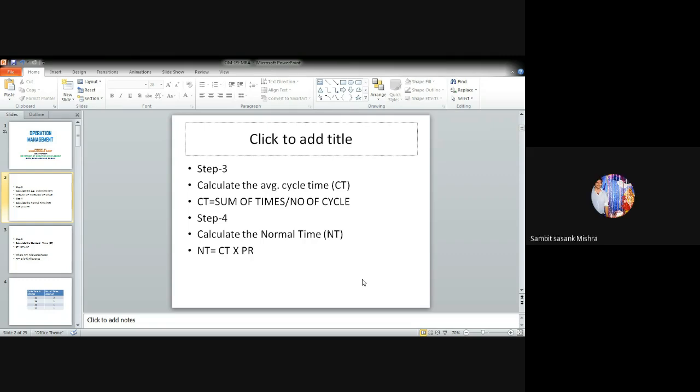Sir, 100%. Exactly, that is 100%. In case of inexperienced engineer, that is 120%. So first you go for calculating the standard time by using this formula: calculate the average cycle times, then calculate the normal time, then proceed to calculate the standard time for the experienced engineer ratings.